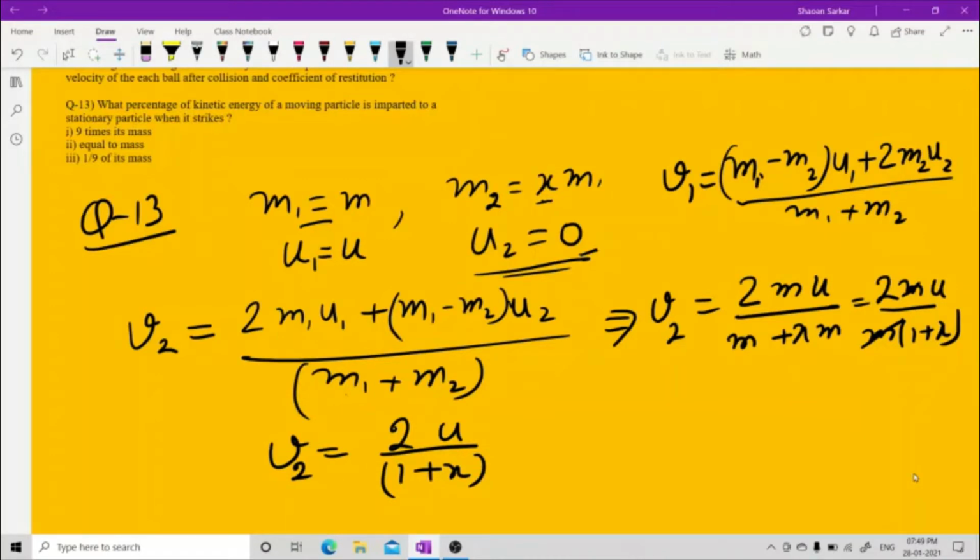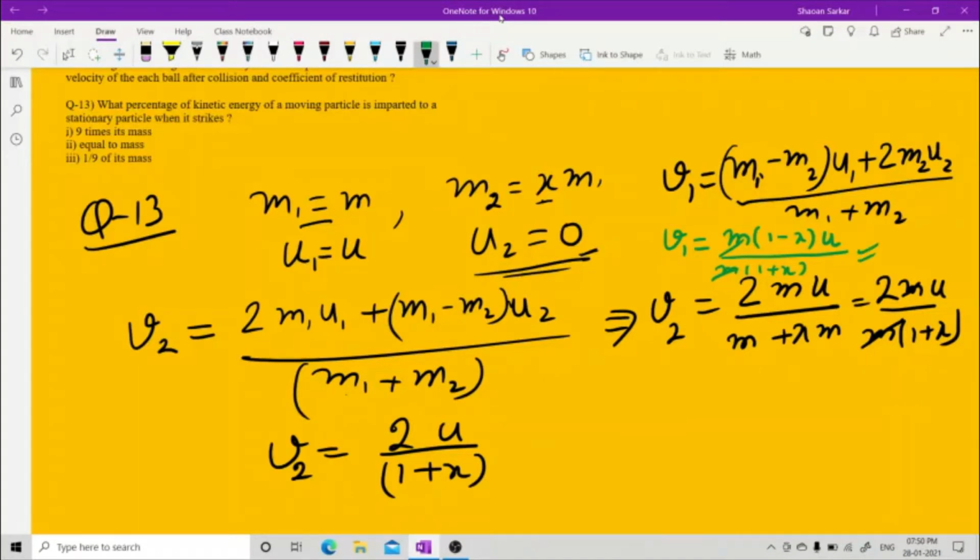So v1 comes out to be m common, 1 minus x, u1, that is u, upon m common, 1 plus x. So m cancels out, you get v1 as this.